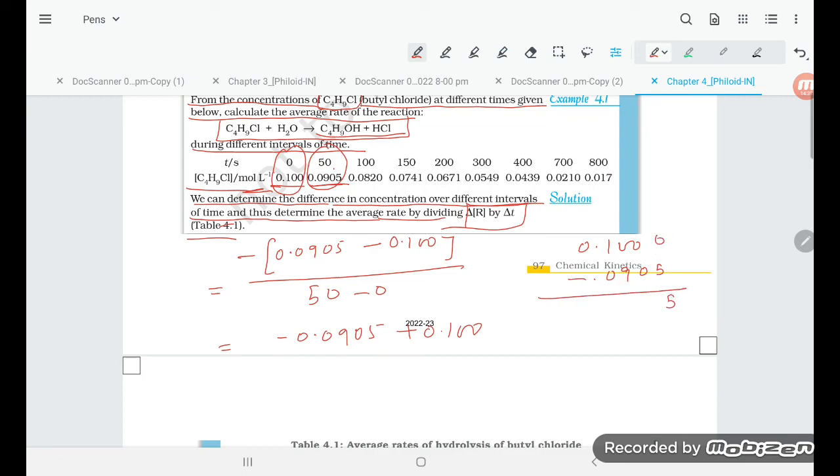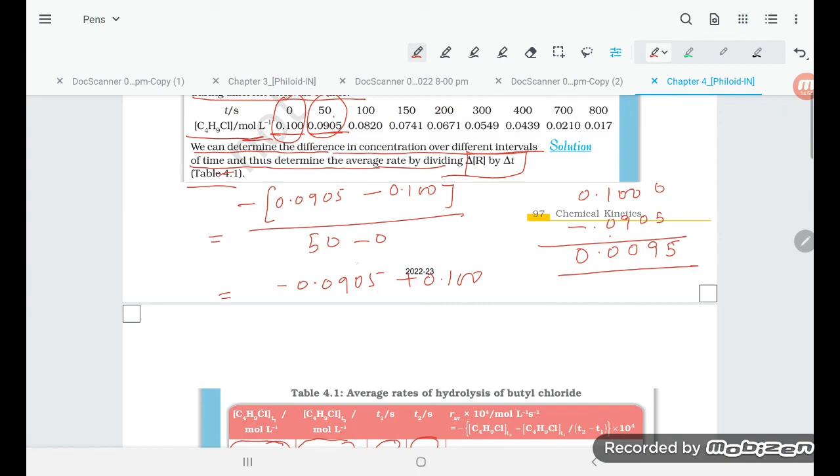So this is going to be 5. 9 minus 0 is going to be 9, 9 minus 9 is going to be 0, and 1 minus nothing, so 0. So it is going to be 0.0095. This is the concentration change, and now you are going to divide by 50. So let us try to divide.